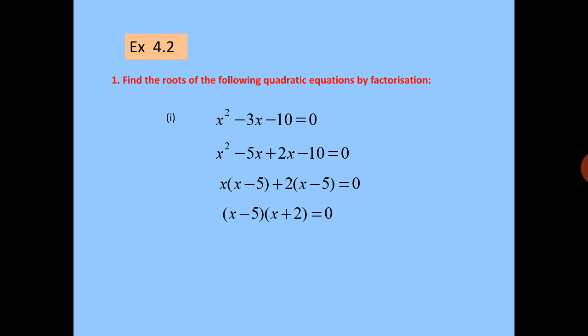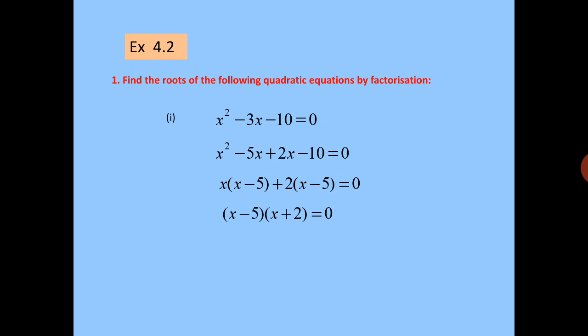Now children, there are two numbers which are multiplied and the answer is 0. It means that one of the numbers in the bracket should be equal to 0. So either x minus 5, that is the first bracket, should be equal to 0, or the second bracket, that is x plus 2, should be equal to 0. If any one of the brackets becomes 0, then only the answer will be equal to 0.